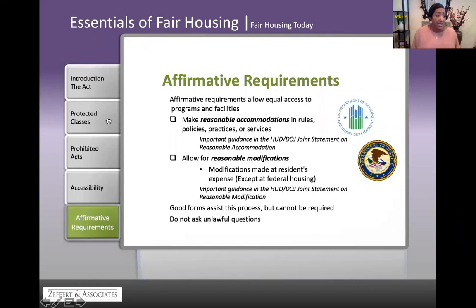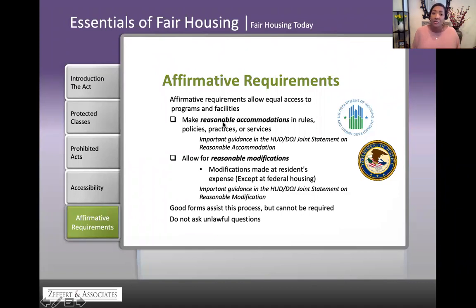So on page number 11 at the very top, when it comes to reasonable accommodation, it says affirmative requirements, whether it's a reasonable accommodation or modification, allow equal access. There's that key word again, equal access to programs and facilities. So this is basically households that have a disability.